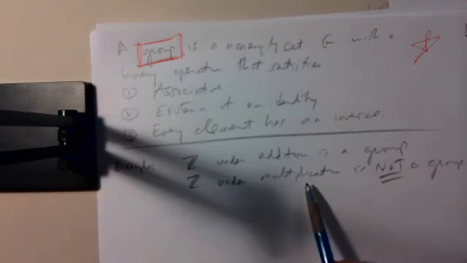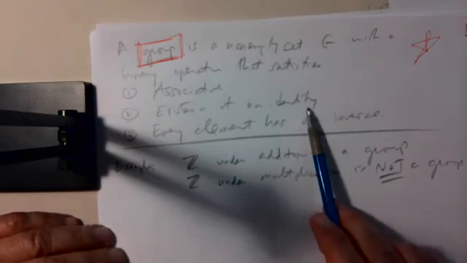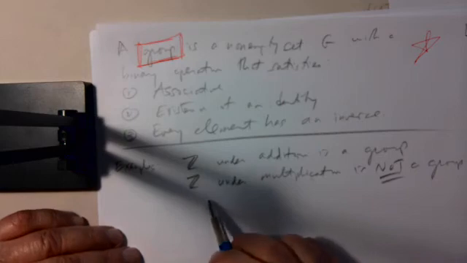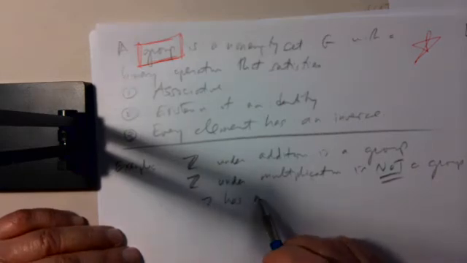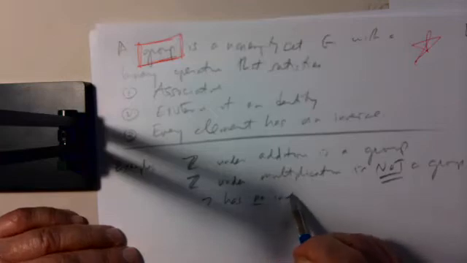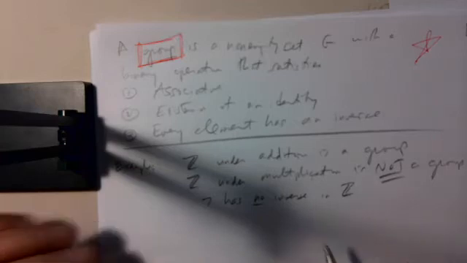Why is it not a group? Multiplication is associative. The integer 1 is an identity, but elements don't have inverses. For example, 7 has no inverse under multiplication in Z, right? There's no integer n such that 7 times n is equal to 1.